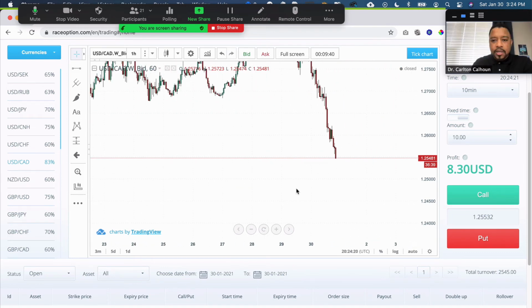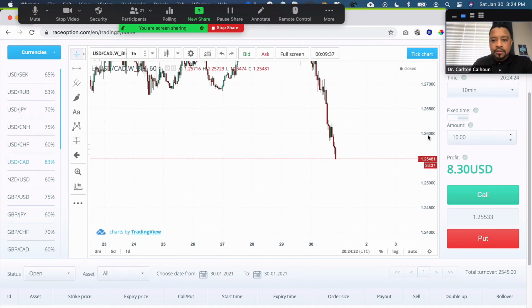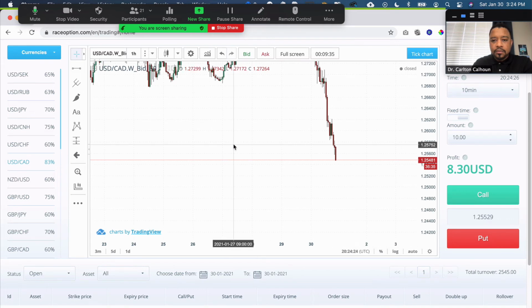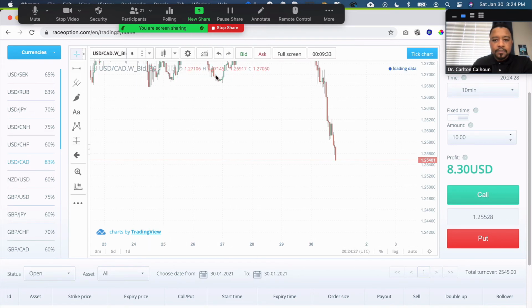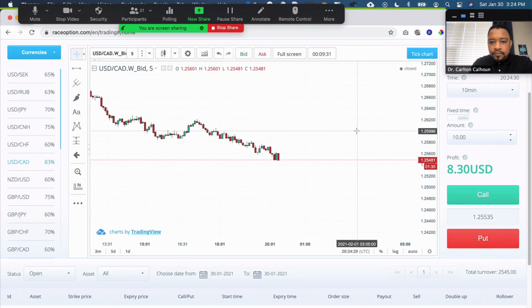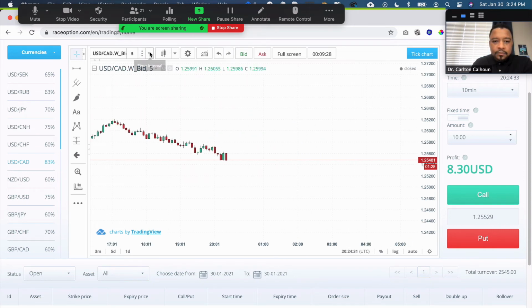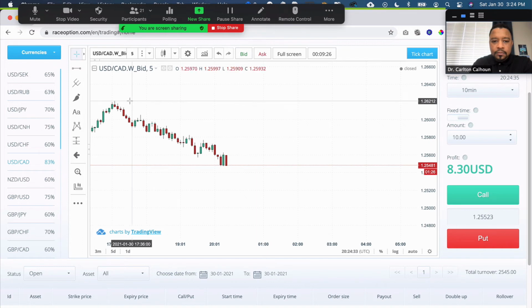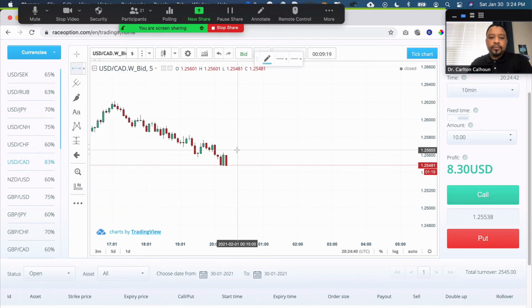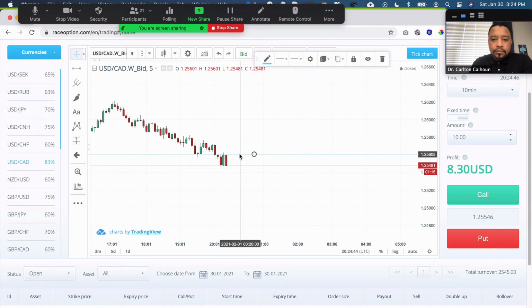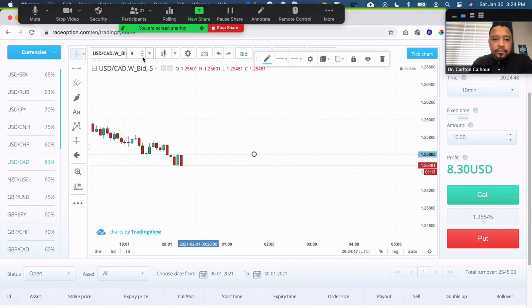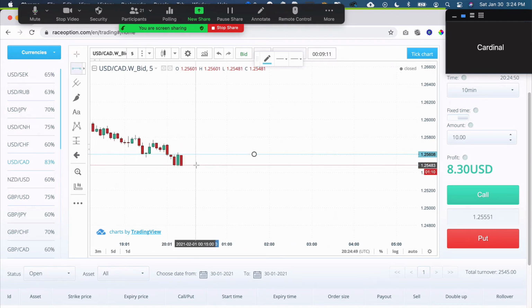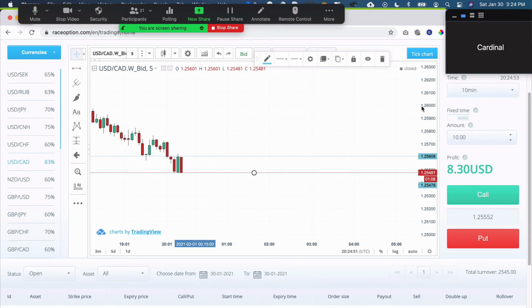Oh, this is a nice downtrend. So on this particular one, if price came back up to this area, it may have already broken.